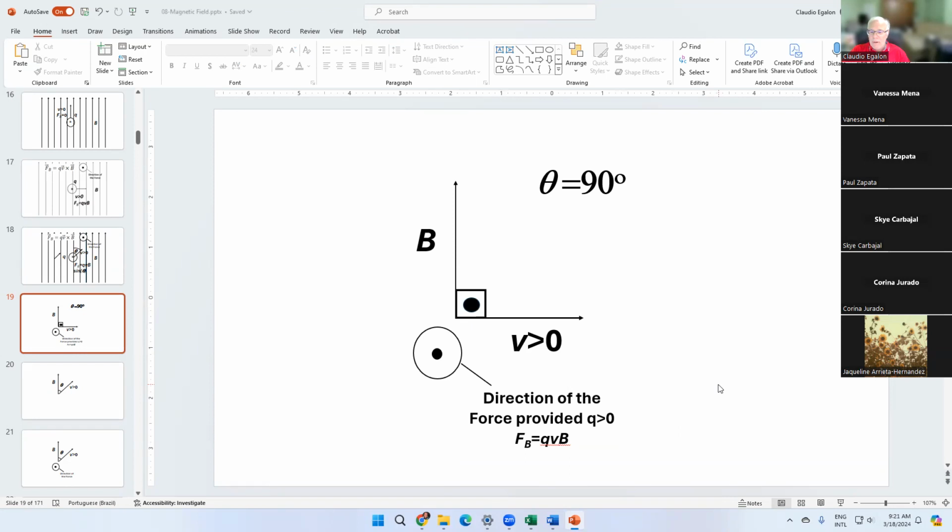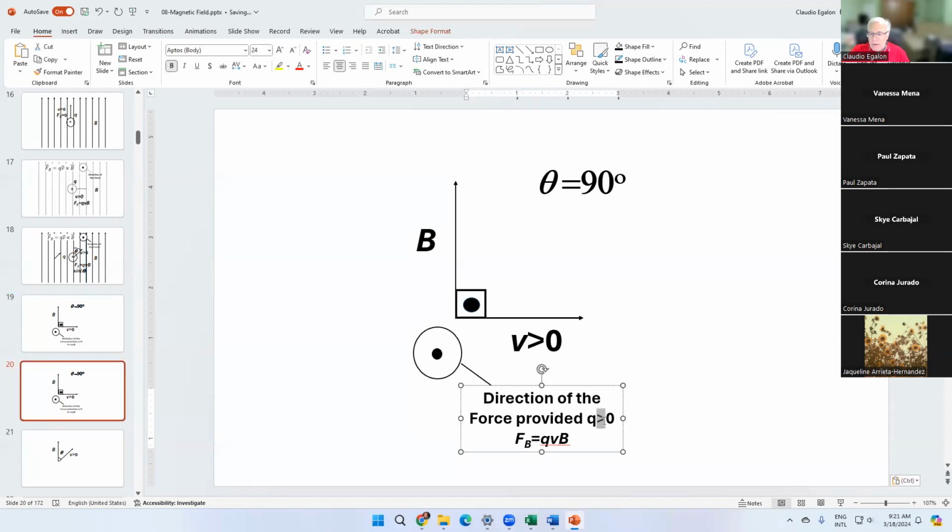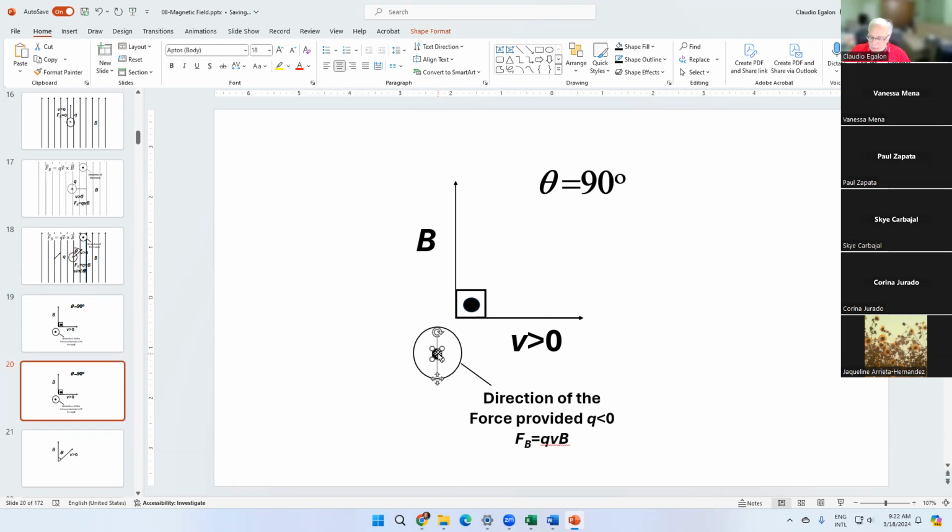Okay. And now we can repeat that for a charge less than 0. If the charge is a negative charge, the magnitude of the force is still going to be the same, but it's just the direction that's going to change. The direction is going to be into the board.